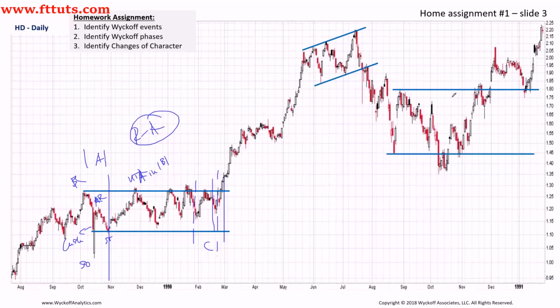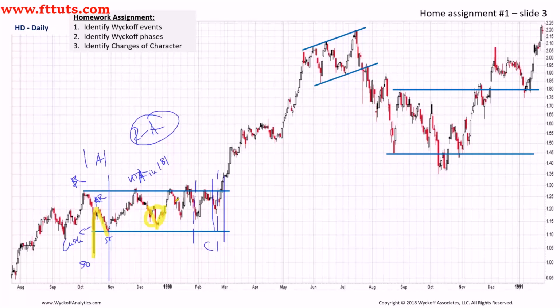So one of the things we talked about last time, guys, is looking at different phases and trying to define the structures within those phases. For instance, this is one structure. It belongs to phase A. This is the test of another structure, and it has a structure of its own.